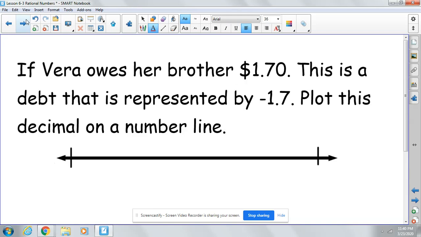Okay. Another thing you need to understand how to do is plotting a decimal on a number line. To plot a decimal on a number line, you have to understand place value again. We're going to look at the place value in the tenths place.